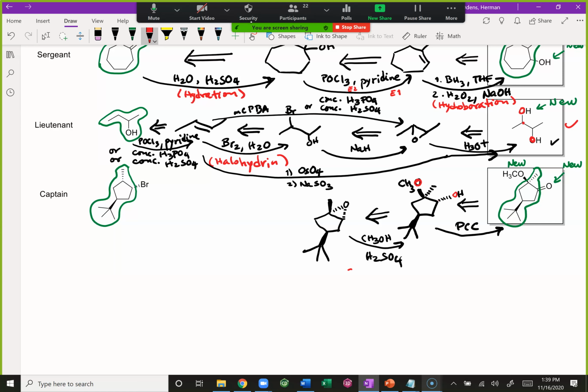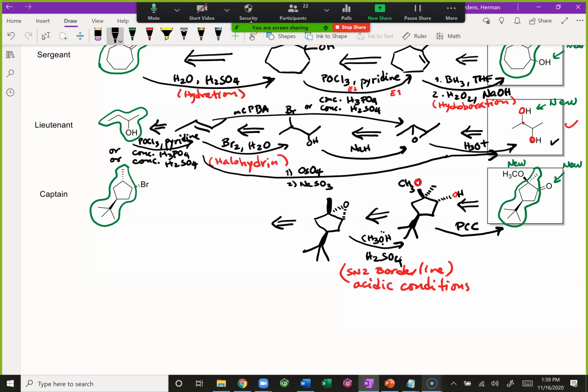This will be an SN2 borderline reaction under acidic conditions. And so, yeah, the nucleophile is going to hit right here, flip the configuration of that carbon, and open up the ring of the epoxide. All right, so we're almost there.